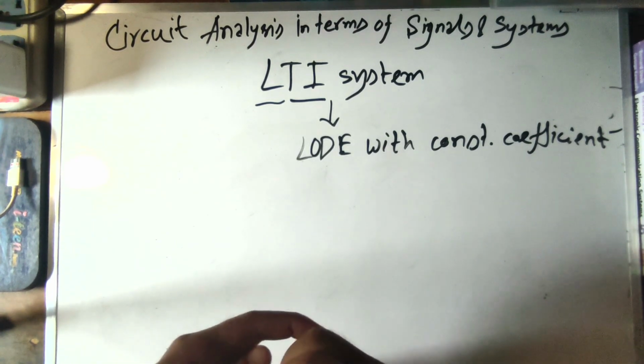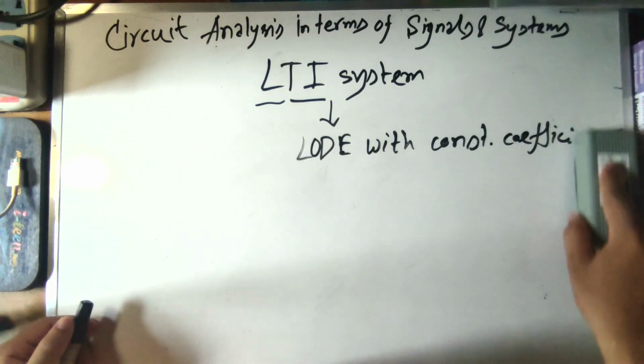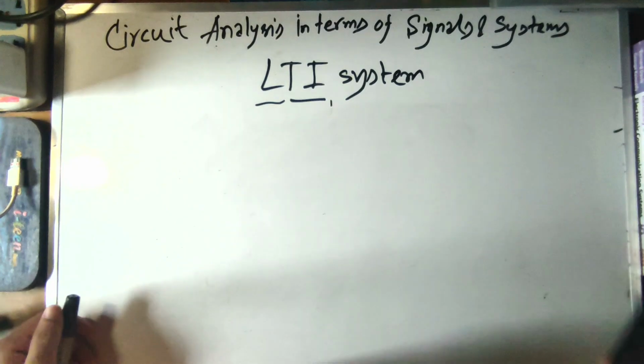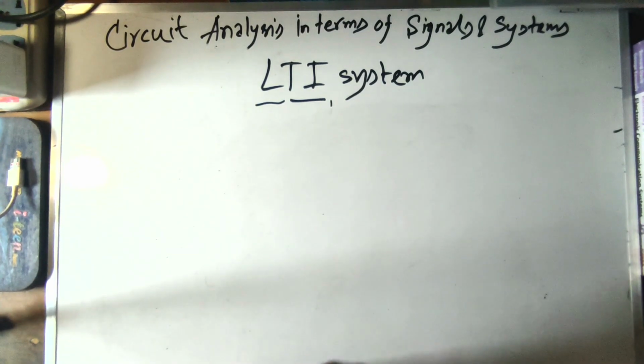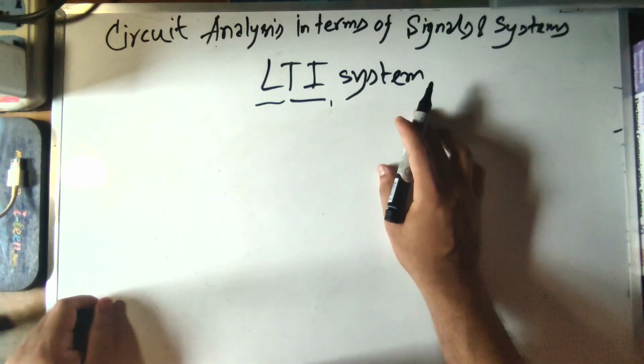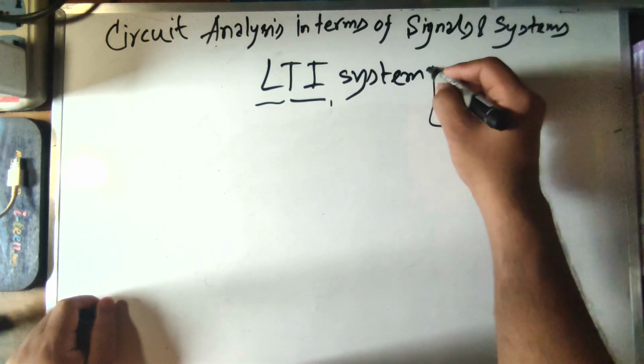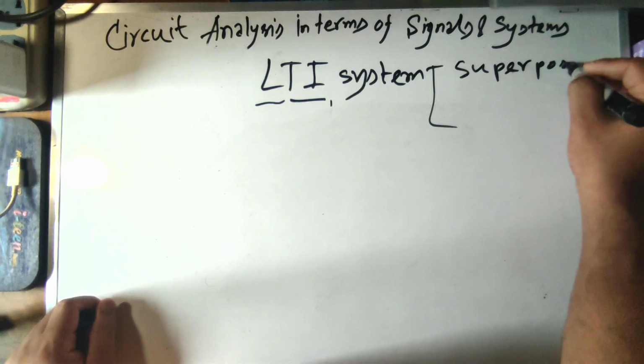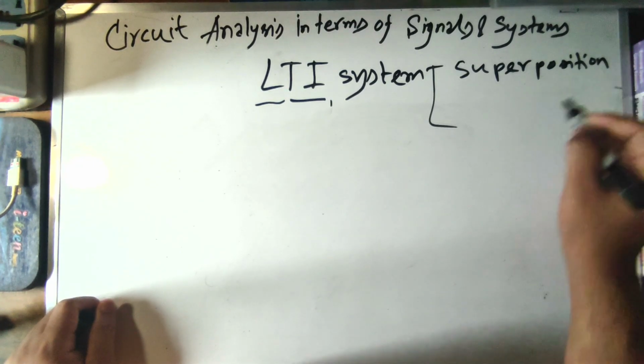Now we are going to the circuit solving. Let us summarize. An LTI system is a linear time invariant system which abides by superposition and Ohm's law.